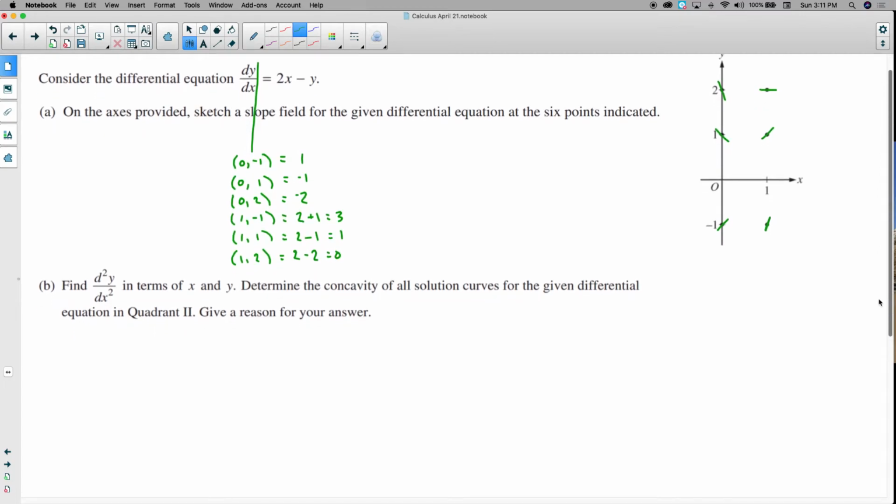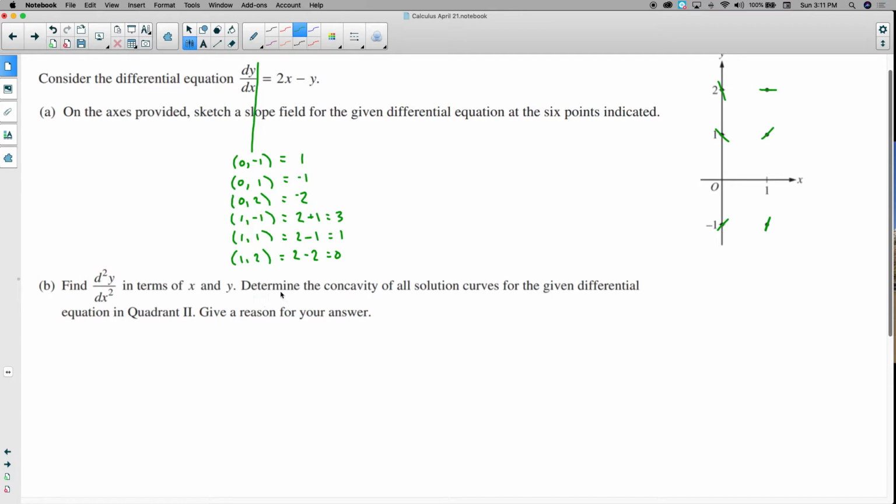Find the second derivative in terms of x and y. So that's a pretty big hint there. And let's see, determine the concavity of all solution curves for the given differential equation in quadrant 2. Give a reason for your answer. Okay, so quadrant 1, quadrant 2, we don't have anything over here.